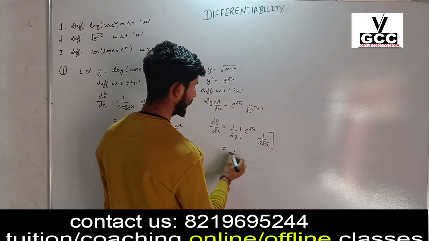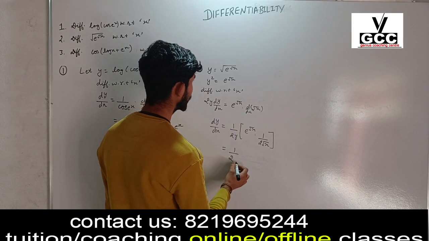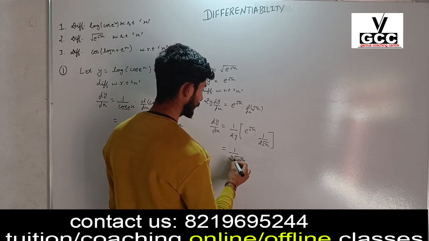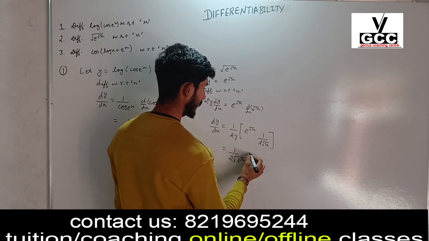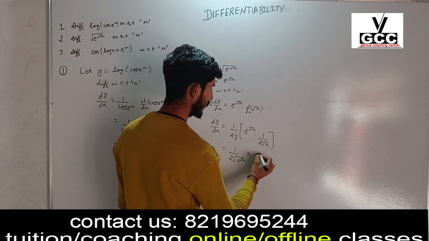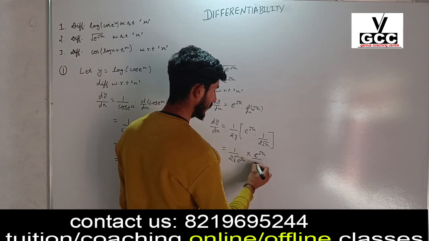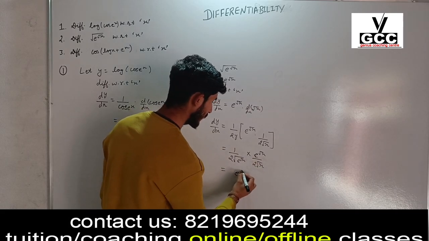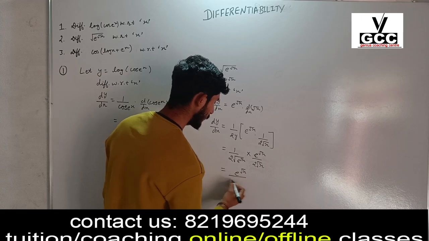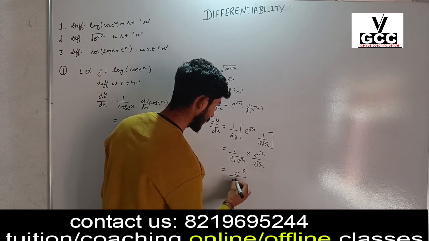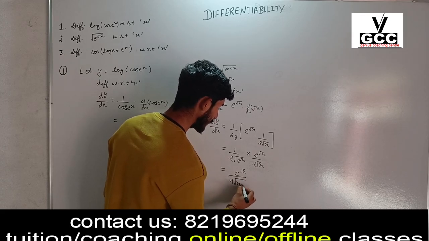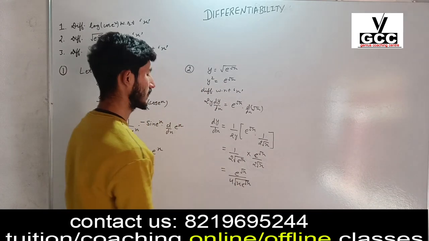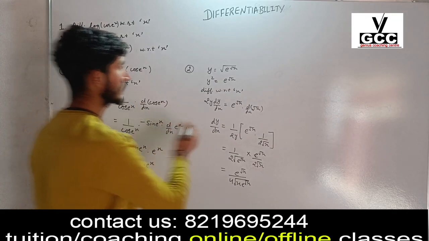Now substitute the value of y: 1 by 2 into root of e^(root x), into e^(root x) over 2 root x. Now solve out, we get e^(root x) upon 4 under root x e^(root x). That is the required answer.